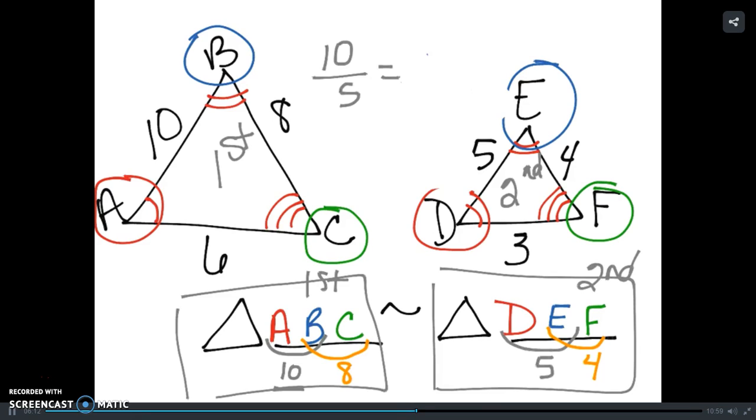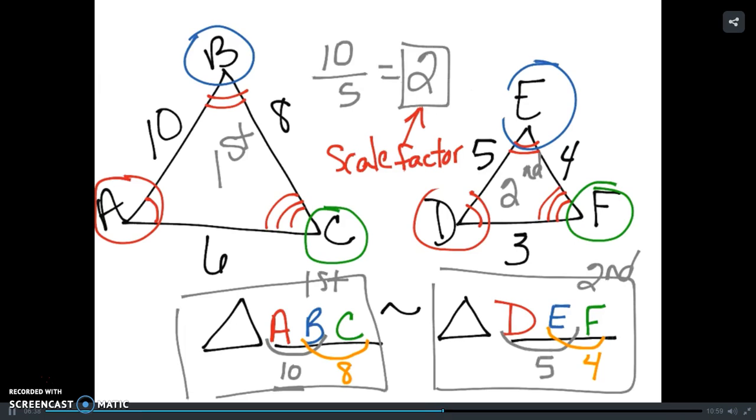And here's why it's important. When we reduce this, it gives us our scale factor, and 10 divided by 5 is 2. So this number here is what we call our scale factor. That is what you would multiply the second one by to get back to the first one.